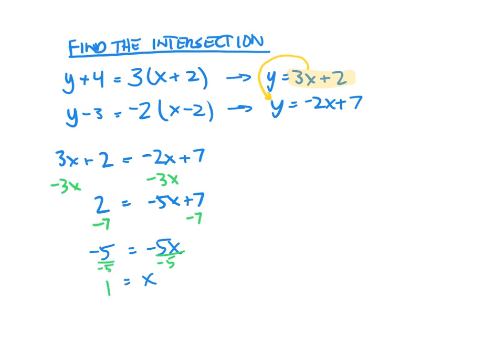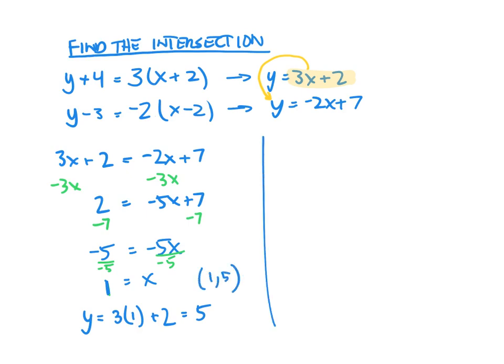And so x is equal to 1. And we can plug x back into another equation and solve for y. So we know the point of intersection is (1, 5).